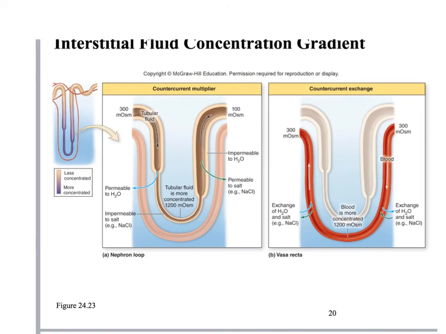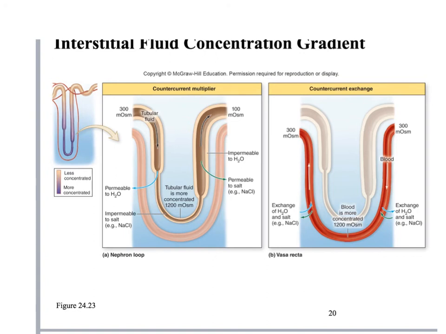We're talking about the interstitial fluid, the fluid between the blood and the tubule. And so the vasa recta, the blood vessel that surrounds the nephron loop, and the nephron loop are essential in making this happen.